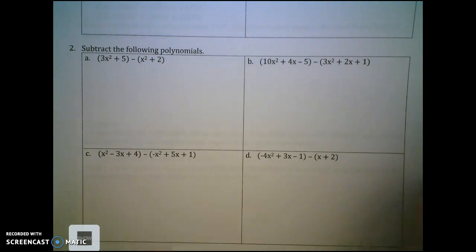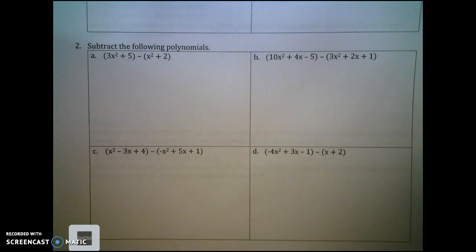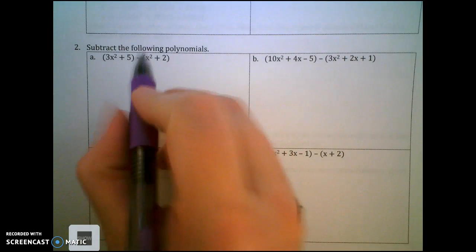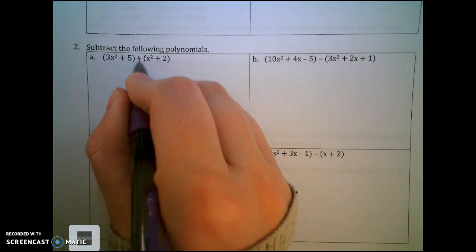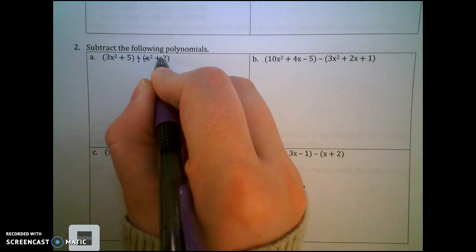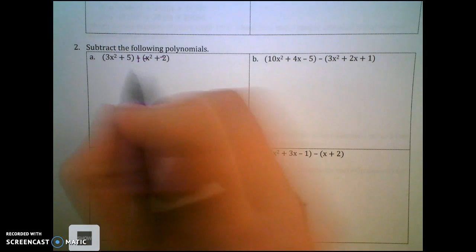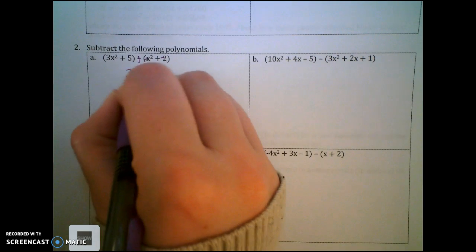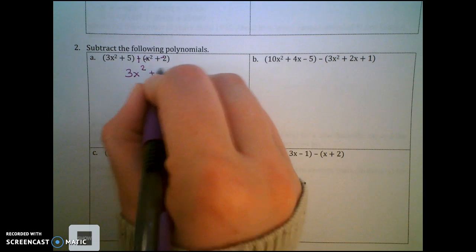Subtracting works just the same as adding, but we need to change the signs of our second polynomial first. So when I do this first problem, I'm going to make this addition, make that negative, and make that negative. So now I'm just dealing with addition. I can line this up vertically. 3x squared plus 5.